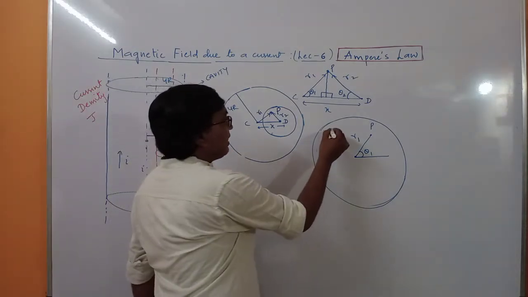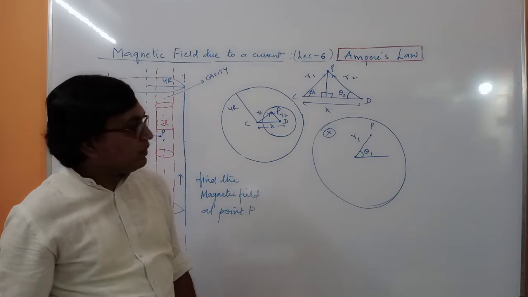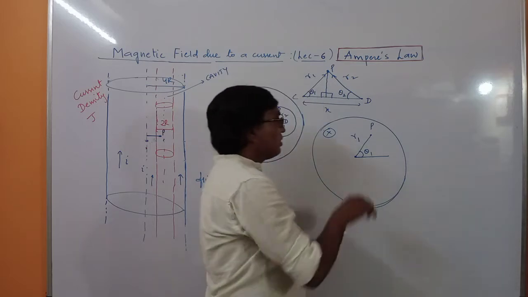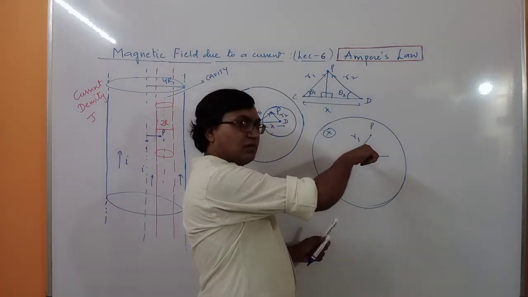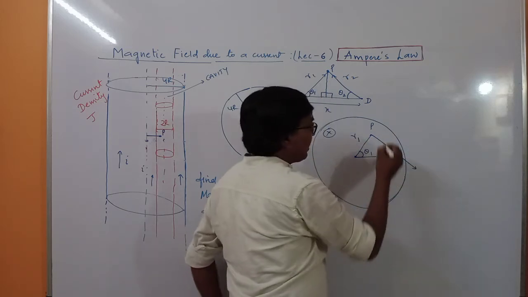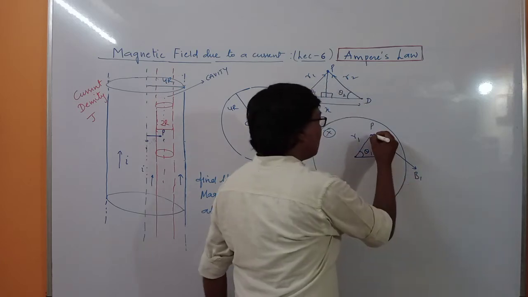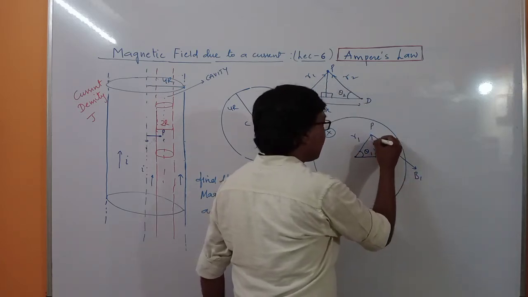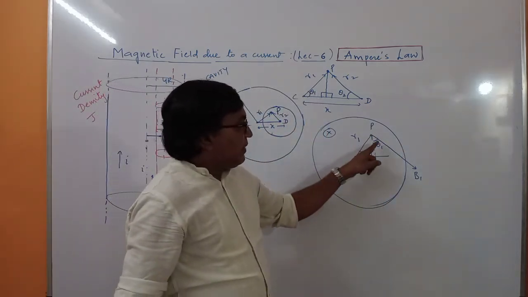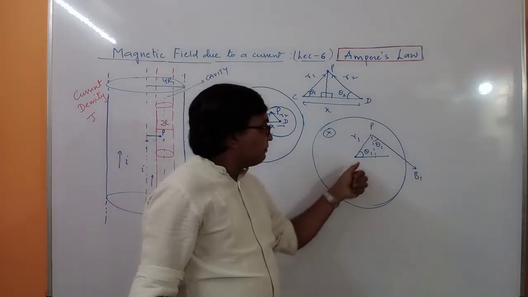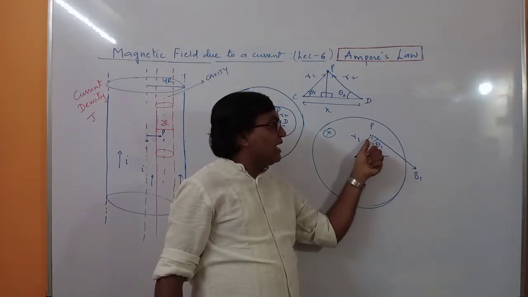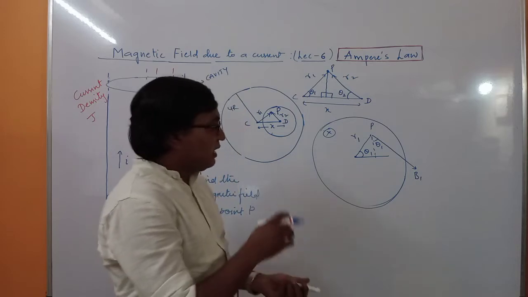The current is inside, so by the right hand thumb rule, the magnetic field here will be along this direction, perpendicular to this line, and that is B1. If I drop a perpendicular, this angle will be theta 1. The magnetic field is perpendicular to the R1 vector, so this is 90 minus theta 1, and R1 and B1 make an angle of 90 degrees.